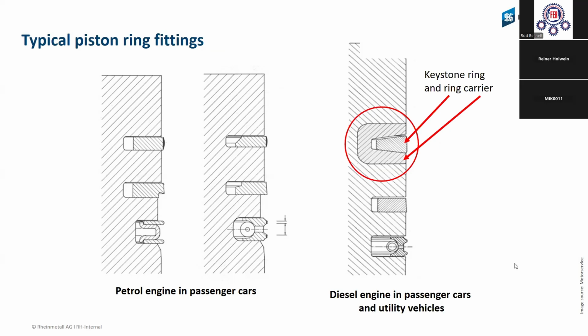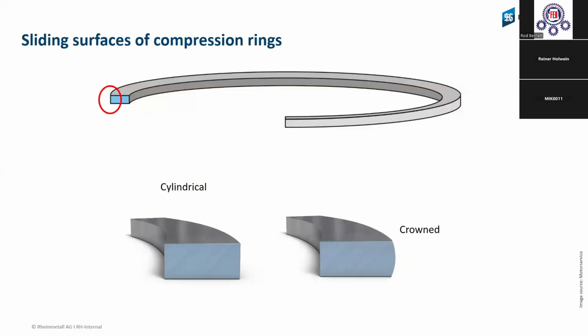Then to the next slide. Here you see the sliding surface of the compression rings, cylindrical or crowned. And you see the surface contact on the cylinder surface, cylindrical or crowned. The difference is, when we have a crowned ring, then we have a point contact.